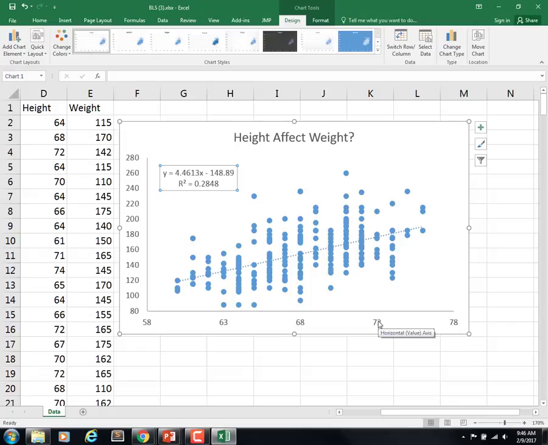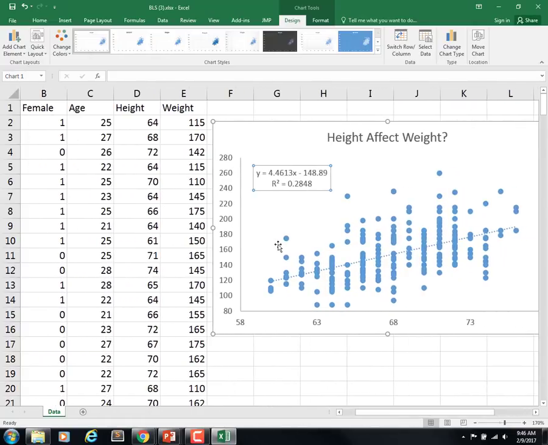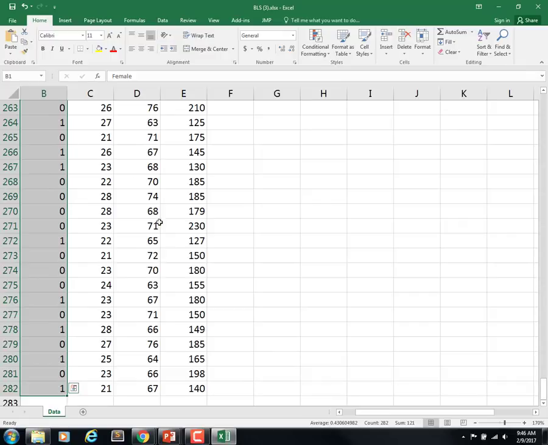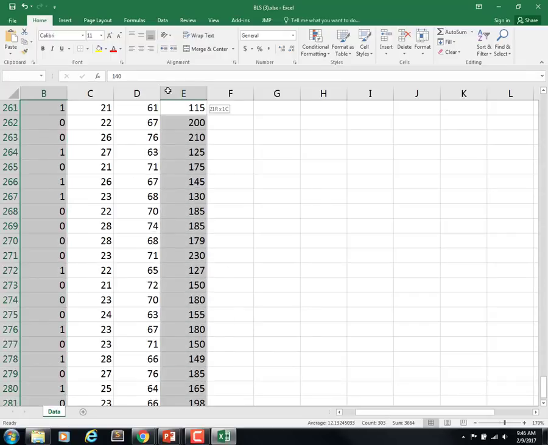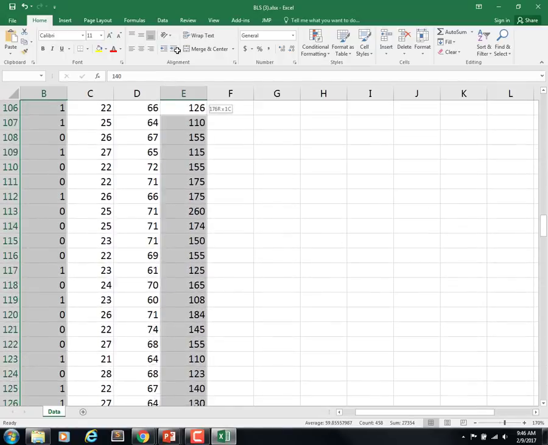We could also explore individually: is the weight affected by whether or not we're male or female? So let's try that. I'm going to select all of the weights.